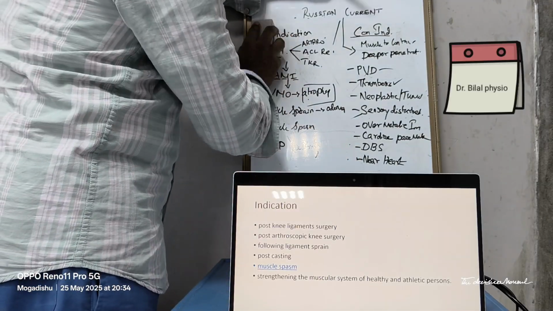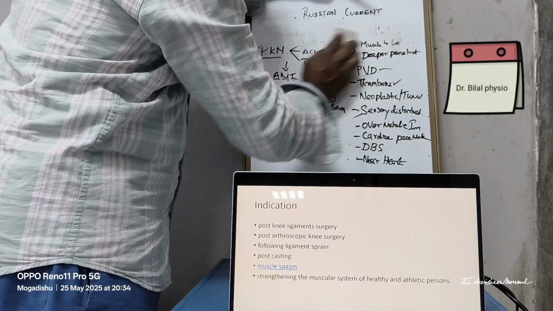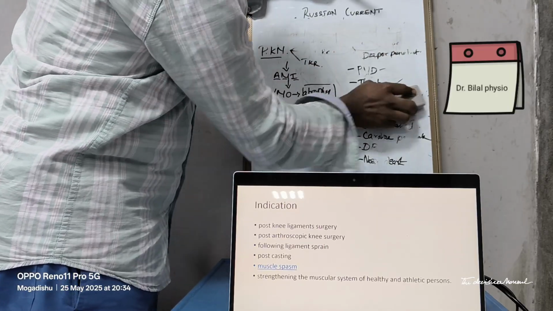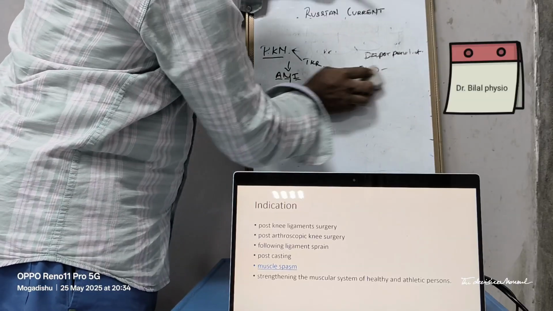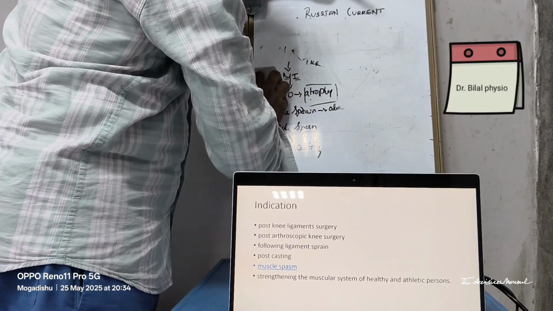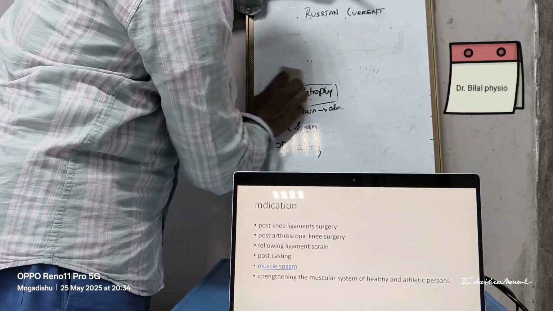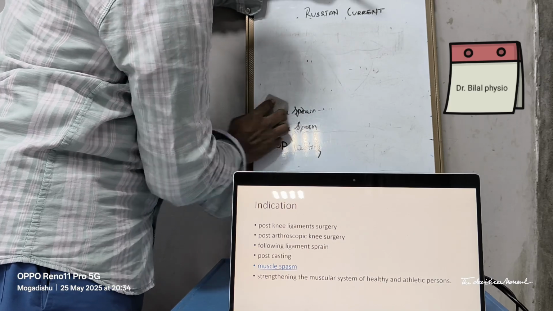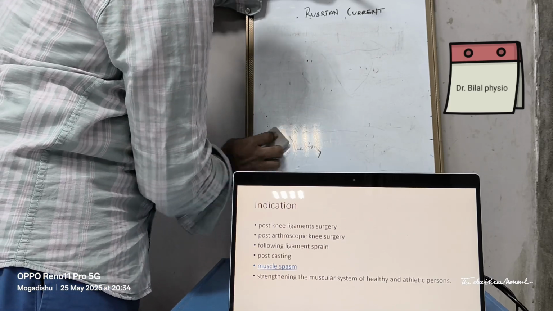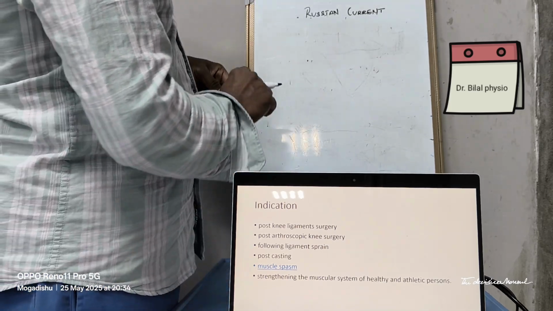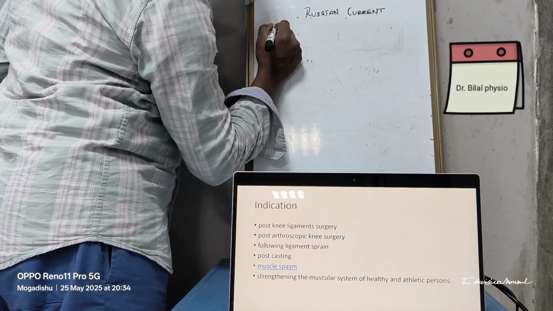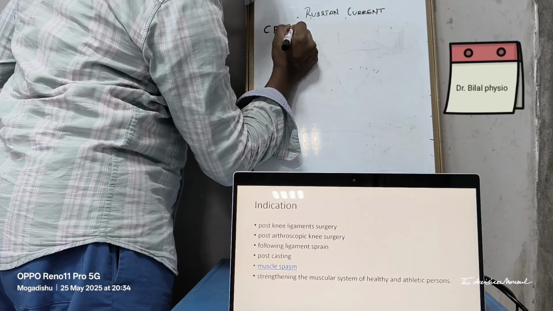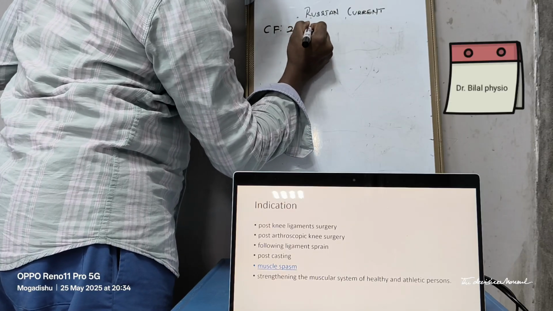Now we go through the protocols. As we discussed earlier, it has a parameter of carrier frequency 2500 Hz.